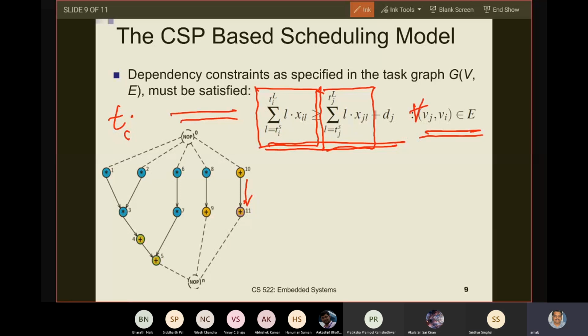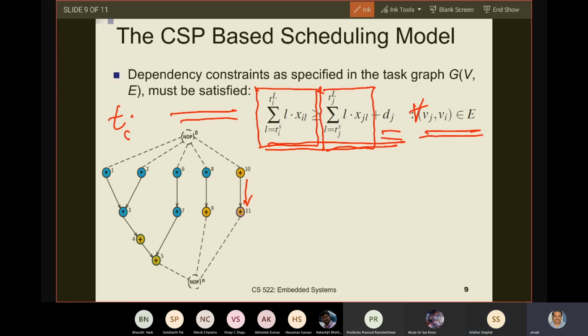And then this last part, Dj, represents the execution time of Vj, which means that for any edge, this has to be satisfied: the start time of the predecessor plus the execution time of the predecessor must be less than or equal to the start time of the successor. Are you with me?